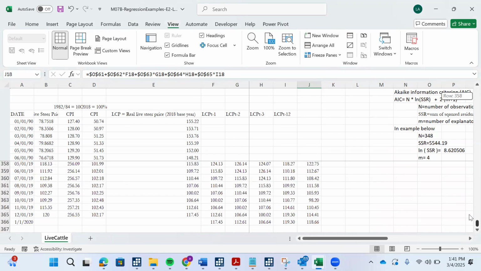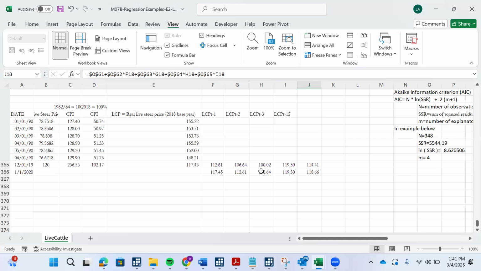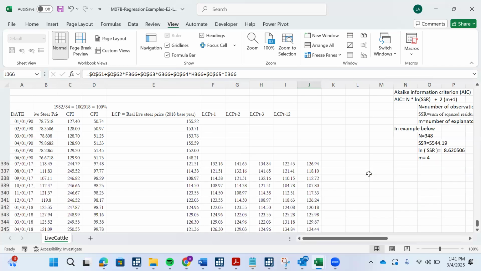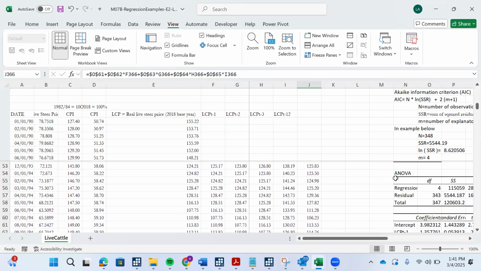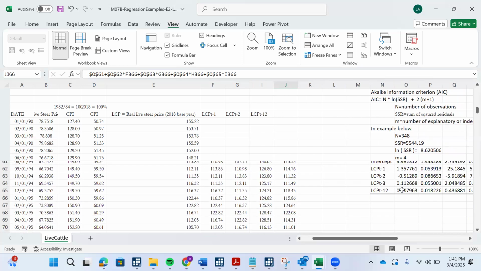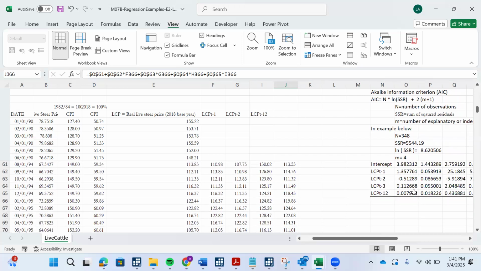If we're using this lag data, we don't have the present month, but we have some past months. So we can use that to predict by inserting our past months' data here into the same equation, which tells us the impact of 1, 2, 3, and 12-month lags.